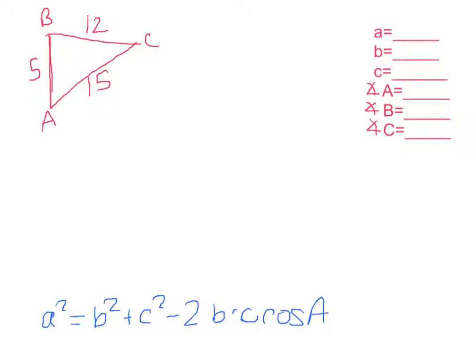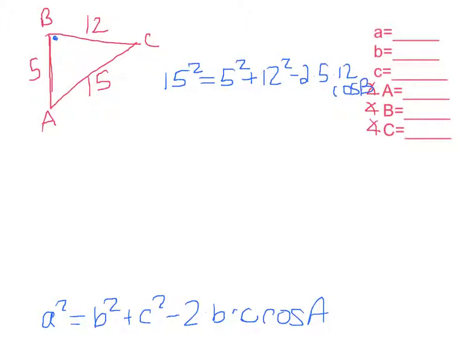Okay, let's start by finding the biggest angle. In the law of cosines, that's a really good rule of thumb. So if we need angle B to be the angle, then we need to start with B squared. So we're going to say 15 squared equals the other two sides, 5 squared plus 12 squared, minus 2 times 5 times 12 times the cosine of B. Sorry, I crammed that in there.